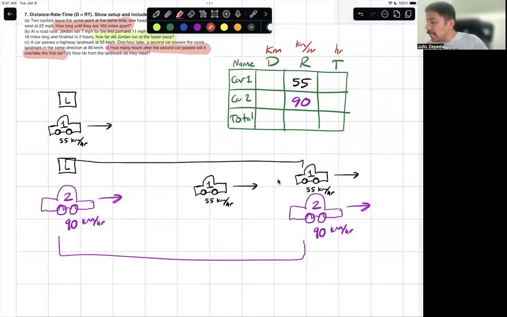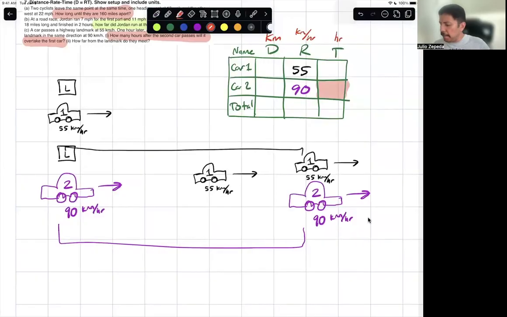So what we want to know is how much time does the second car travel until it catches up to the first car? The time starts after the second car passes the landmark. Well, that's where we can assign our variable, and we'll just call it x.